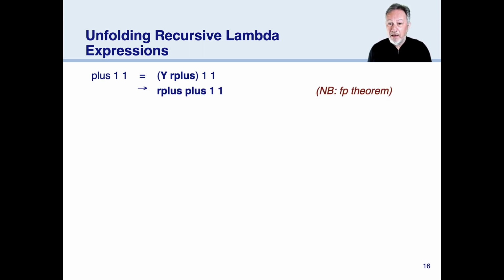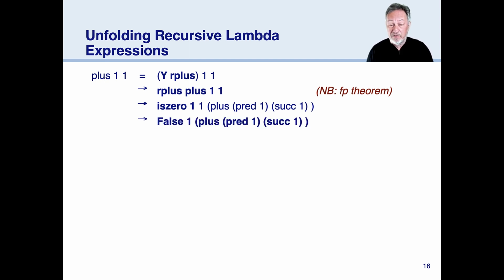This is the same, using the fixed point theorem, as R plus applied to plus, and that applied to 1 and 1. Expanding that, the body of R plus, once we pass in plus, is going to be is0 of 1, and then two arguments, either 1 or plus of predecessor 1 and successor of 1. Well, 1 is not 0, that's false.